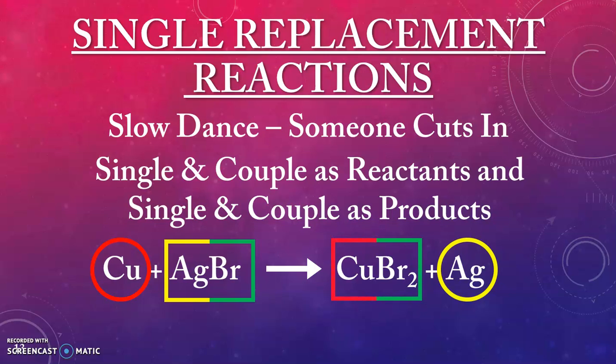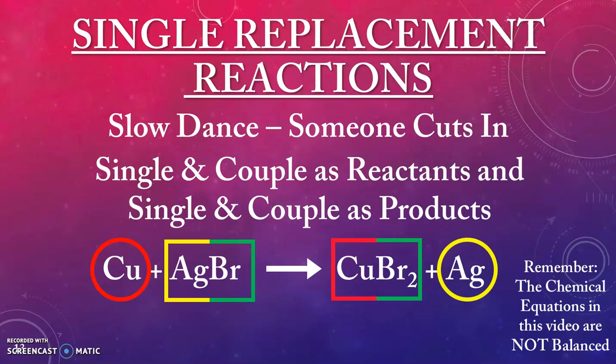So notice that I have copper as a single on the reactant side, silver is the single on the product side. Silver was dancing with bromine, copper cut in, and then on the product side, I have copper and bromine dancing together. Again, these are still not balanced.